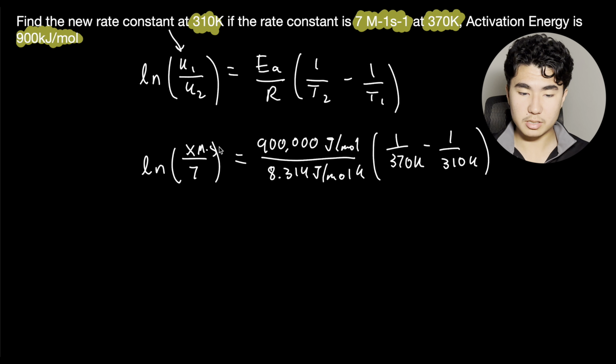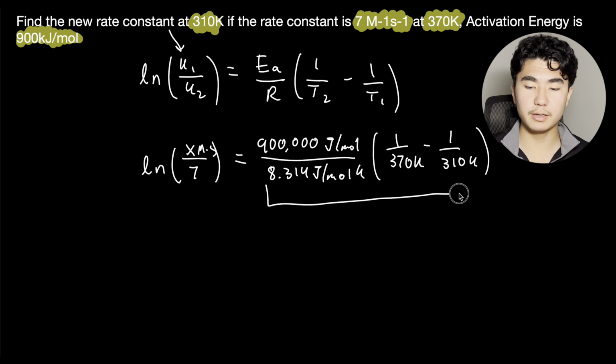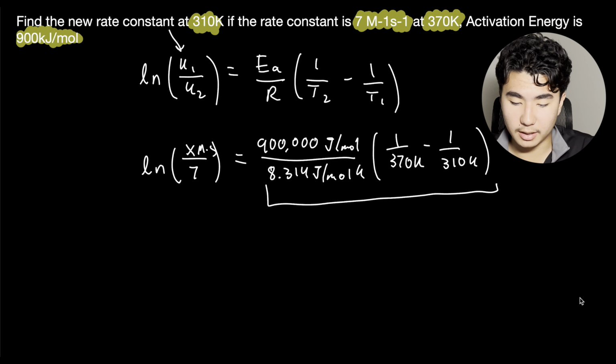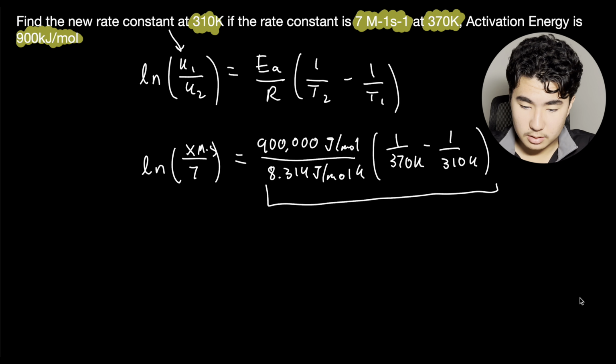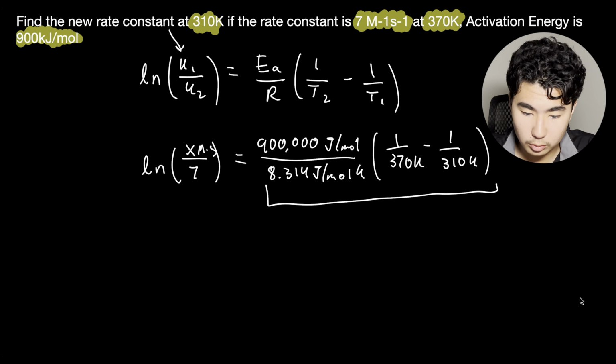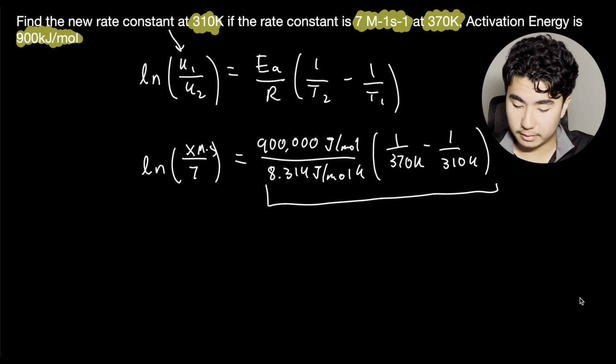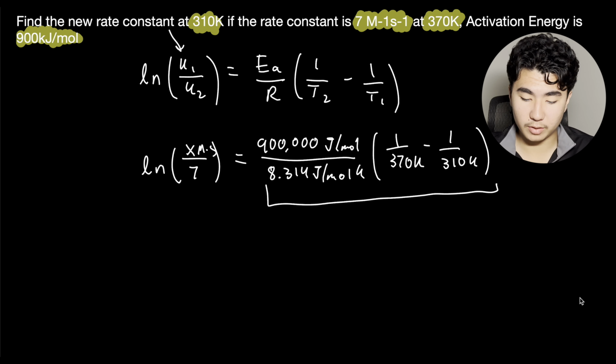So I'm going to solve this portion right here by plugging it into my calculator. That's 900,000 over 8.314, times 1 over 370 minus 1 over 310.